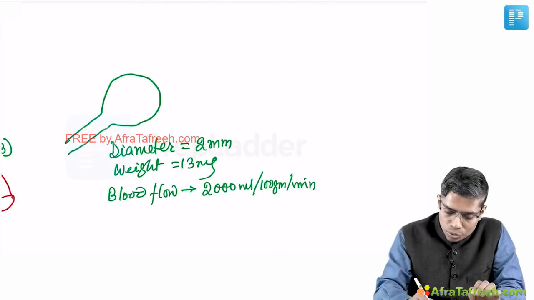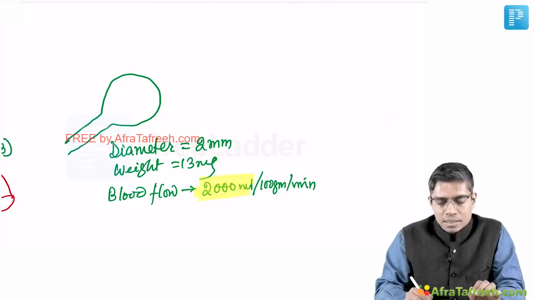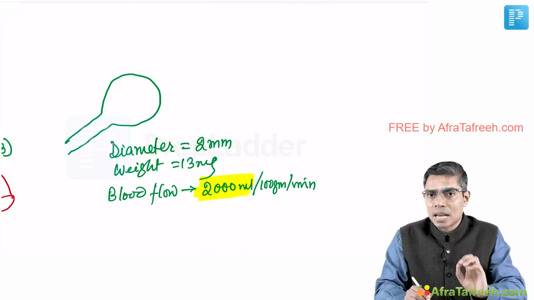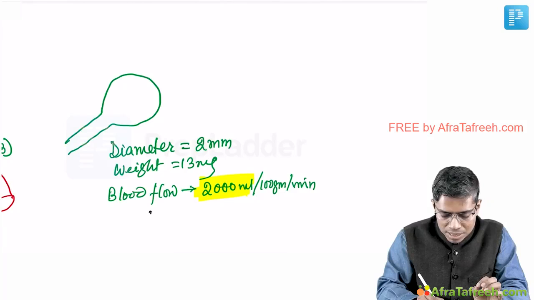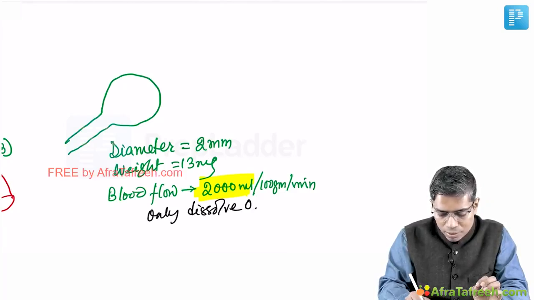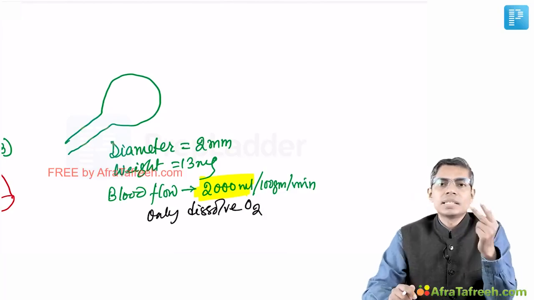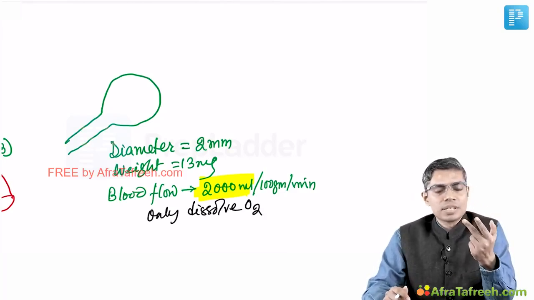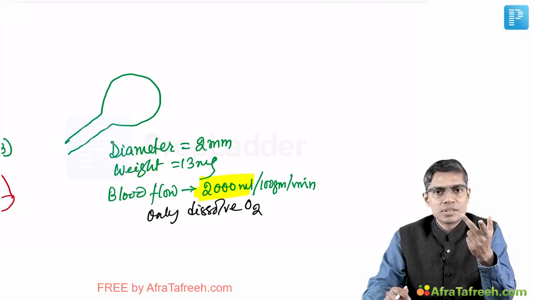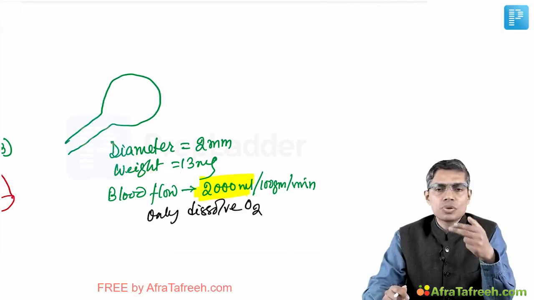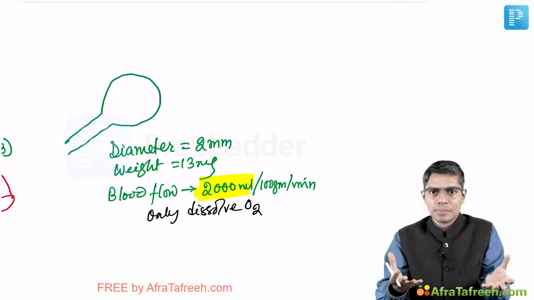And this blood flow is so enormous that the survival of the carotid body or aortic body is based only on dissolved oxygen. What I'm saying is, blood contains 2 types of oxygen, in arterial or venous blood: hemoglobin-bound oxygen and dissolved oxygen. You will read this in the respiratory system. Most tissues require hemoglobin-bound oxygen because its amount is maximum.